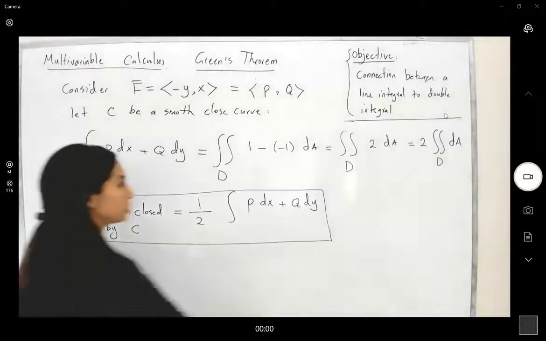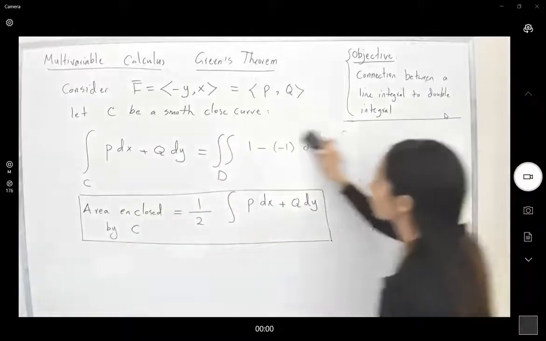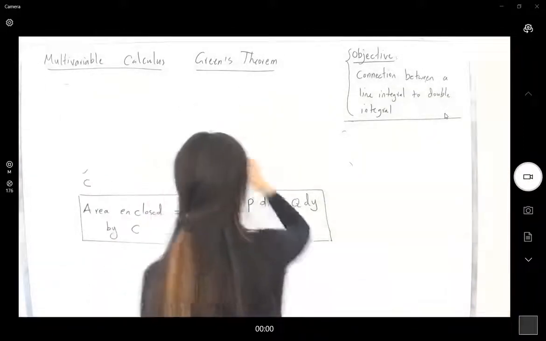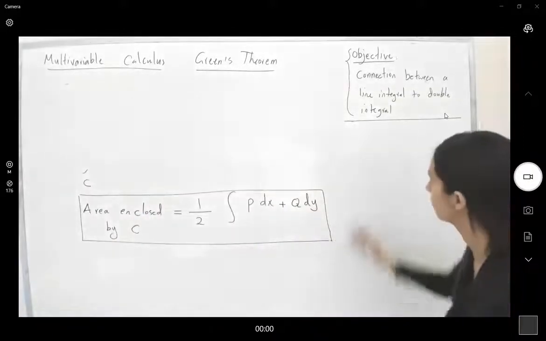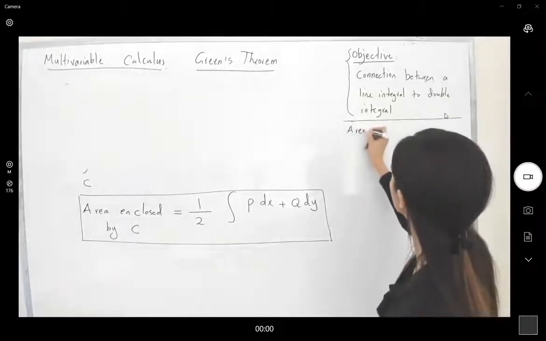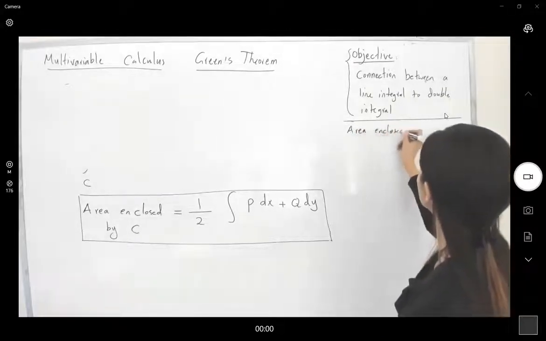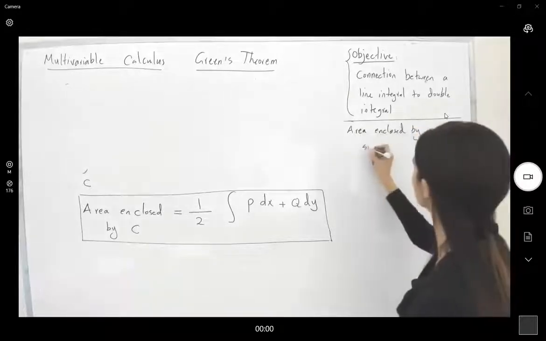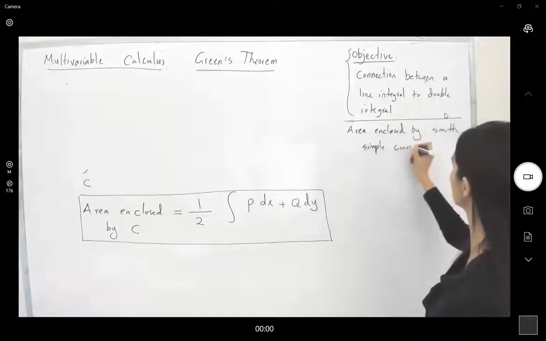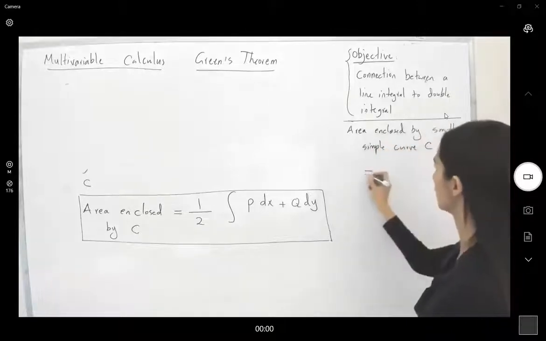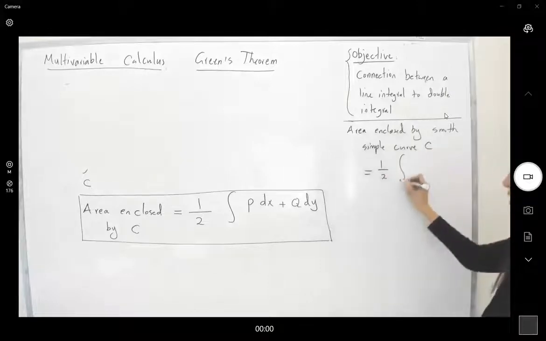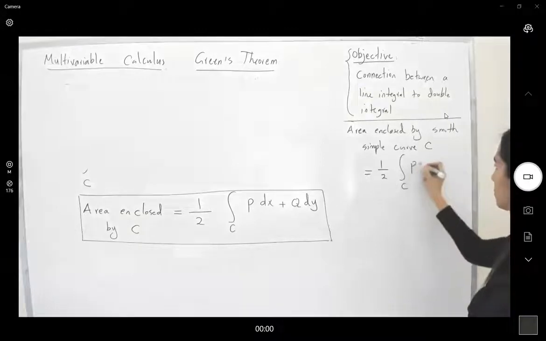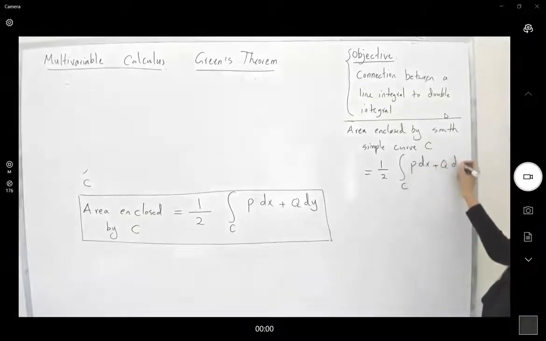Let me write down the formula here. So the area enclosed by a smooth simple curve C is a half times the line integral over C of P dx plus Q dy.